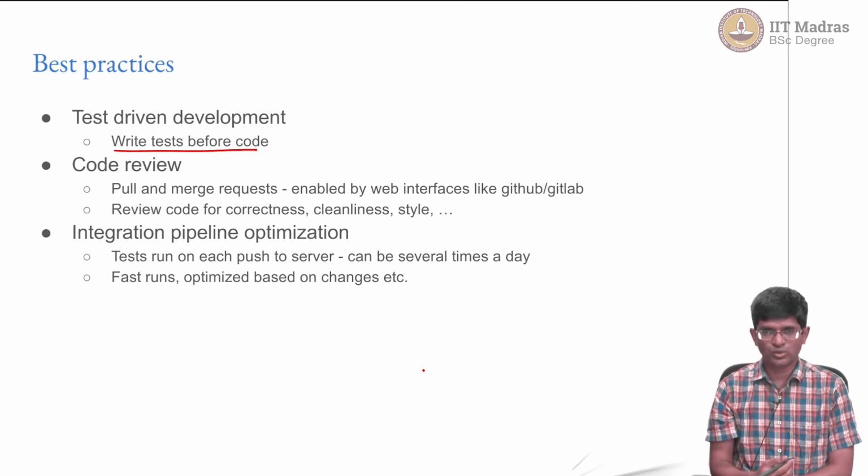Then code review. Continuous integration is good in the sense that it automatically runs all the tests for you, but you should not get into the practice of just pushing code and letting the server find out that there are problems with it. Code review is a practice whereby people with more experience look at code written by people with less experience, presumably, and give feedback saying, this is not a particularly good way of writing the code.